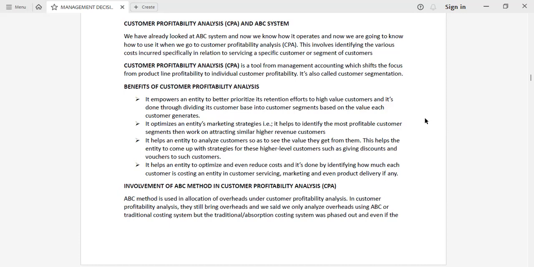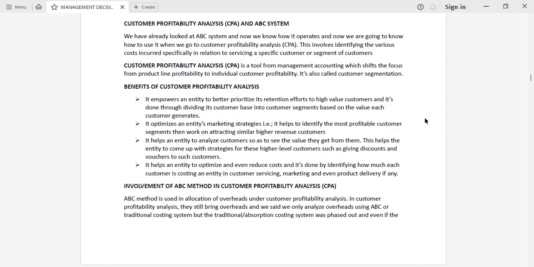The third one is it helps the entity to analyze customers so as to see the value they get from them. If, let's say, we have 1,000 people that are buying from us, but within those 1,000 people we have maybe 50 people that are buying on a daily basis, and when we get a cumulative figure from those customers, we find that they are giving us a higher margin.